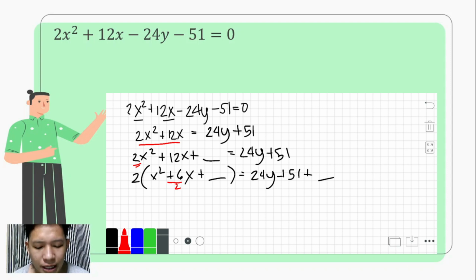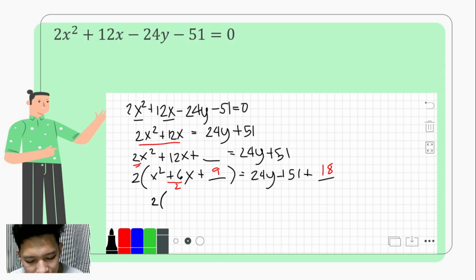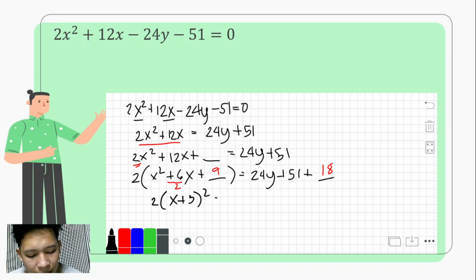And then we have to square it. That is positive 9. And since we added 9 here, what we add on the other side is 18, since we multiply 9 by 2 first before adding it to the other side. Okay po? And that is 18. So with this we have 2 times, since the square is now completed, x plus 3 squared equals what?